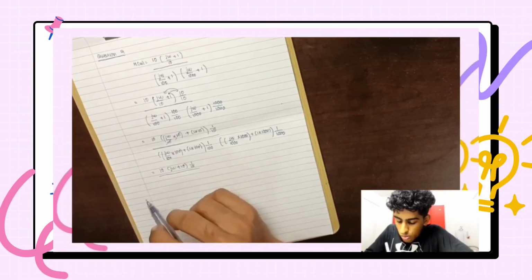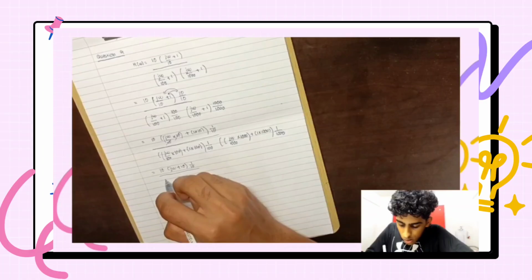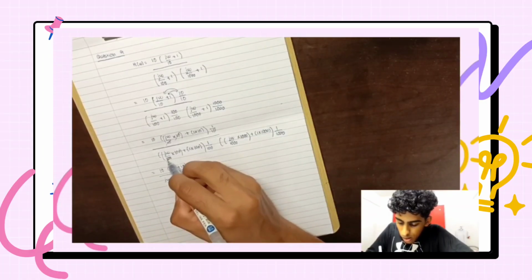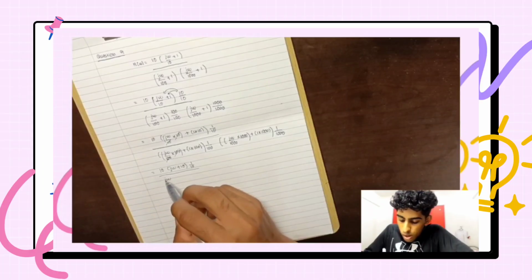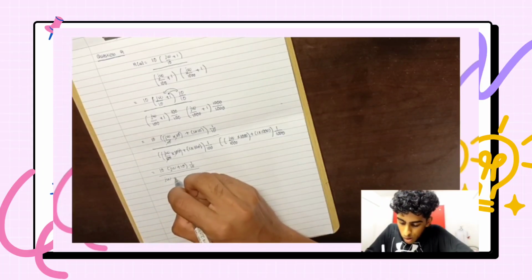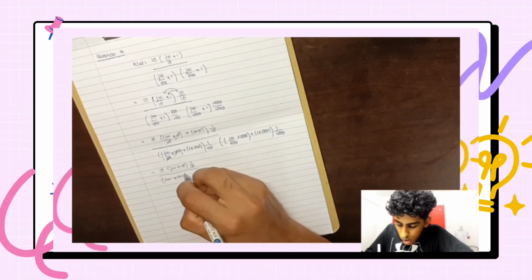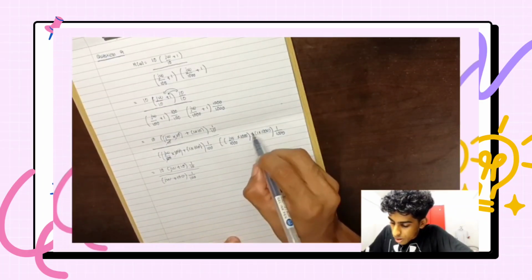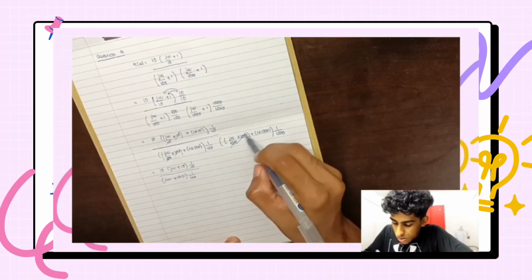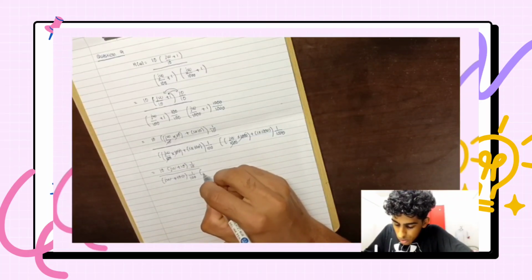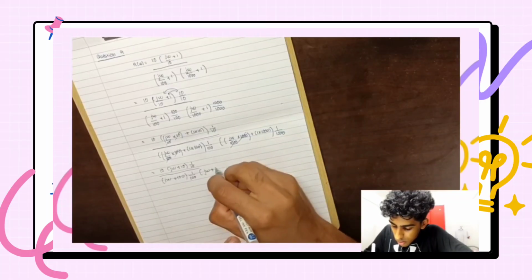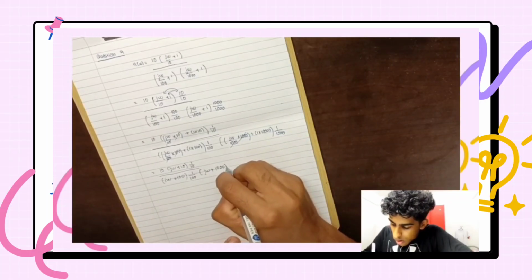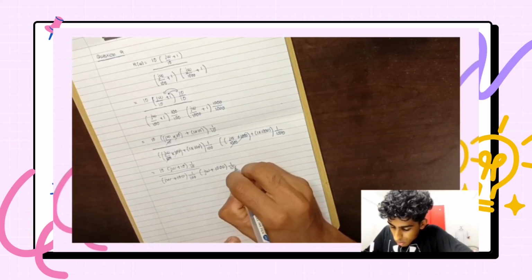So in the new denominator I will write j omega. Here we can cancel. The remaining will be j omega plus 100. Here I will write 1 over 100. For this one, cancel out 1000. The remaining will be j omega plus 1000. Here I will write 1 over 1000.